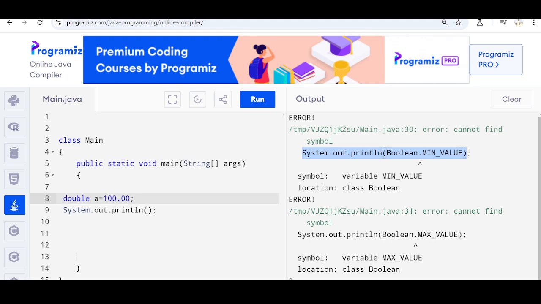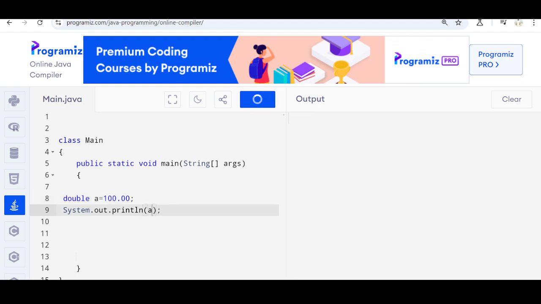But still, you don't get any issues from the compiler, because by default, whether you place it or you don't, the number with the fractional part will be considered as a double in Java.